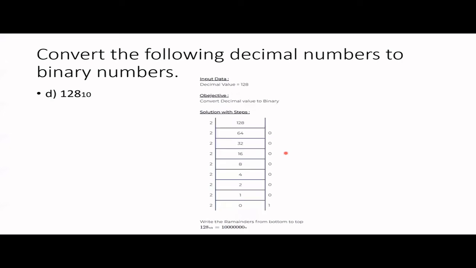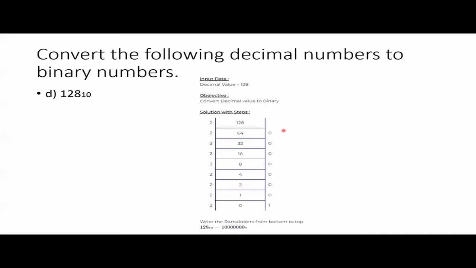Okay. Next one, 128. Divide this number also by 2. Continuously divide this number. Then you will get 1 and all the rest are 0.